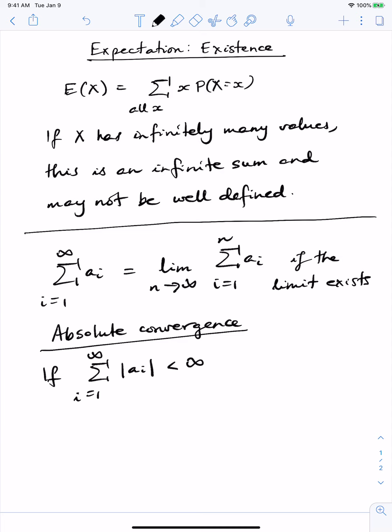This infinite sum, if you think of the partial sums going up to n, then n plus 1 and so on, those are going to be non-decreasing. So they might shoot off to infinity, but they're not going to oscillate, they're not going to wobble all over the place. If they don't shoot off to infinity, if they actually end up somewhere finite, then the sum that you really want behaves as you want.